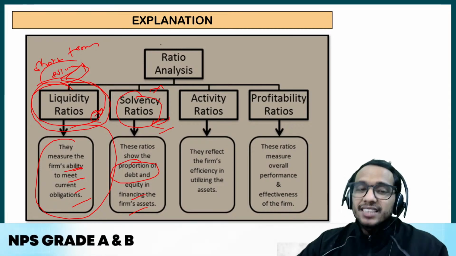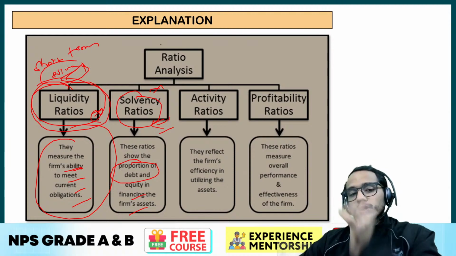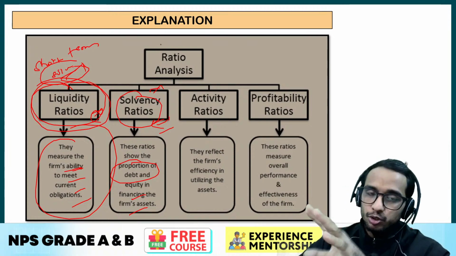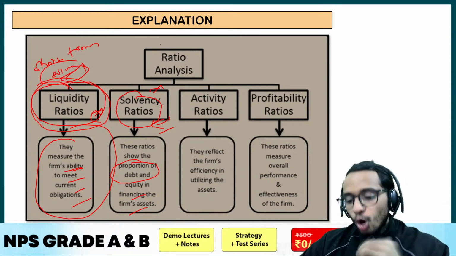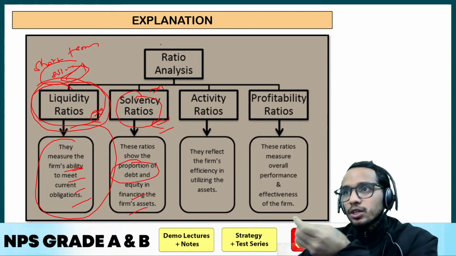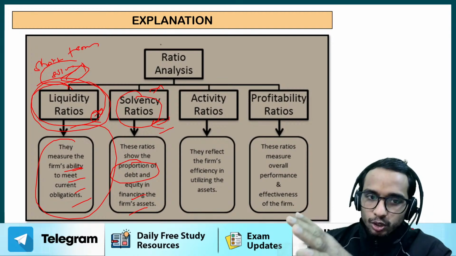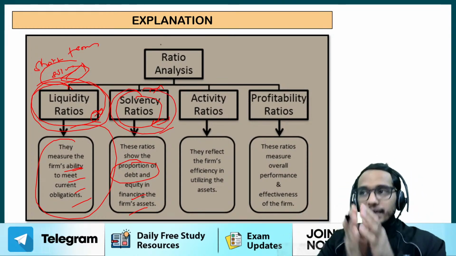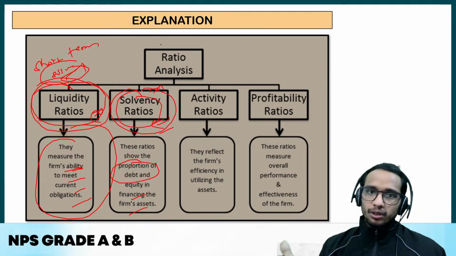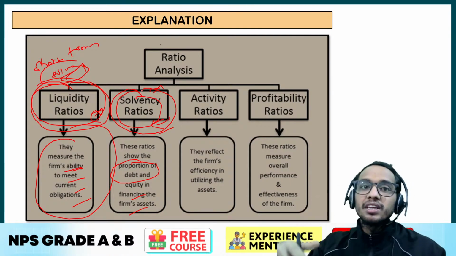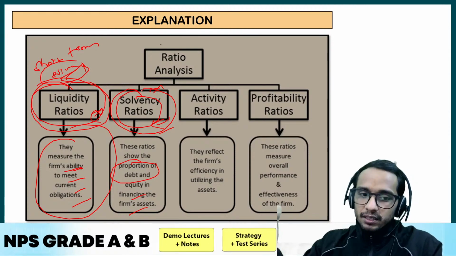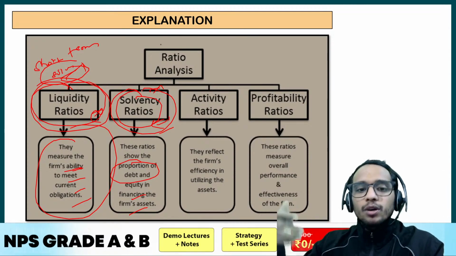What is your quick asset with respect to current liability? It talks about how you are going to pay your short term liability by using the short term assets. It is a liquidity ratio. But the solvency ratio takes the long term solvency. You are comparing the debt with the equity. How are you going to pay your debt, with the help of equity or with the help of assets?